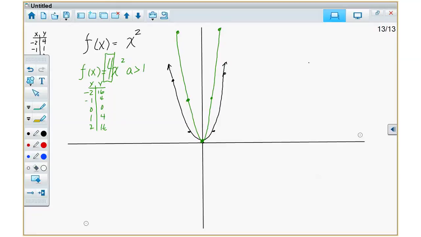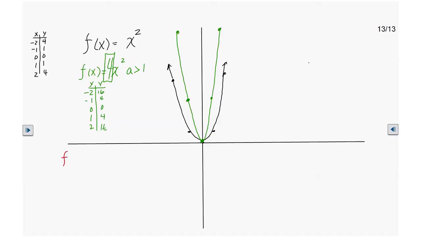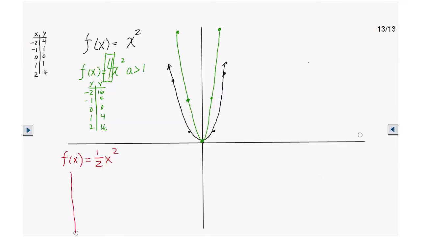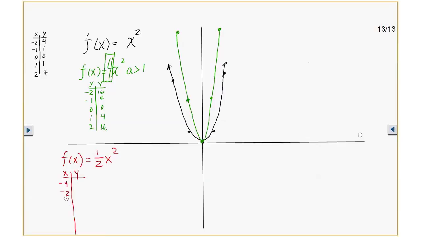And the basic model is the black. And what happens if A is between 0 and 1? Well, let's do that in a red marker. f(x) = 1/2 x squared. And I'm going to use multiples of the denominator. Plot that one.